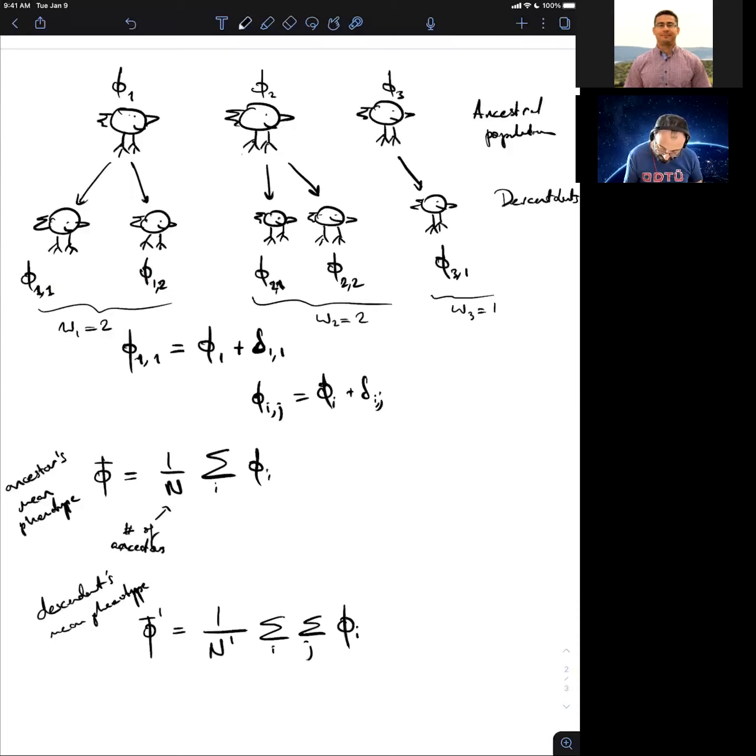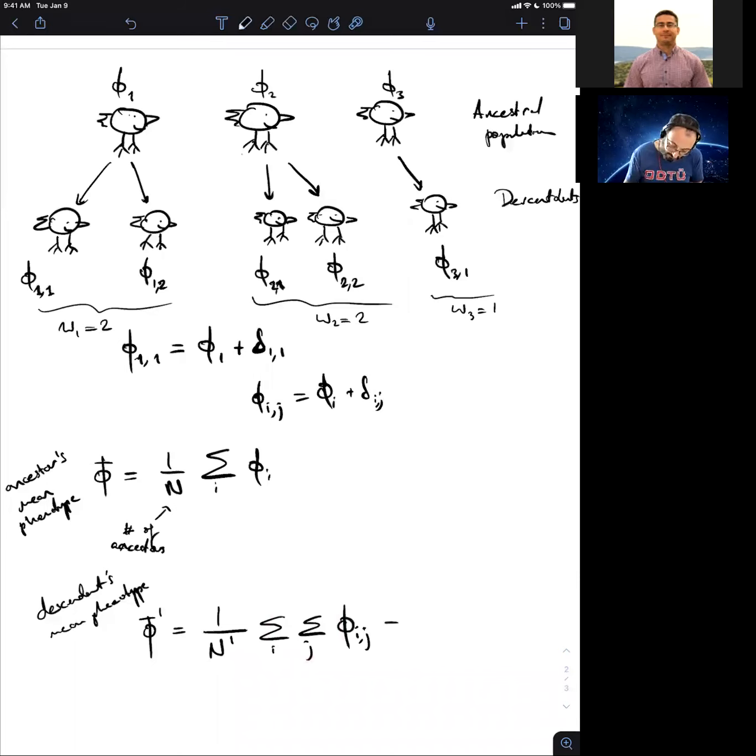So the ith ancestor's jth offspring. This sums over all the offspring of the ith ancestor, first of all summing over j, and then summing over all the ancestors. So this double sum sums over all the descendants, and then you divide it by the total number of descendants.